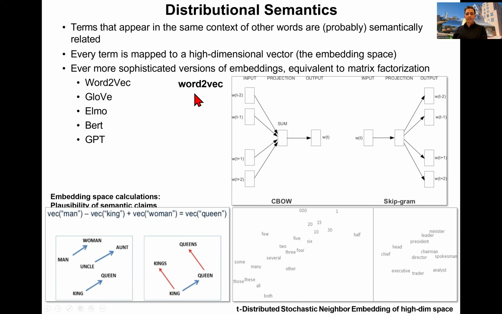The basis is that the words president, leader, minister, chairman, director, spokesman, etc., are kind of interchangeable, or at least they appear in similar contexts, and therefore they will be mapped to similar vectors in that latent space. And what's really interesting is that this even worked with numbers. For example, 1 sits up there in isolation, then 20, 15, 10, 30 are kind of sitting there.